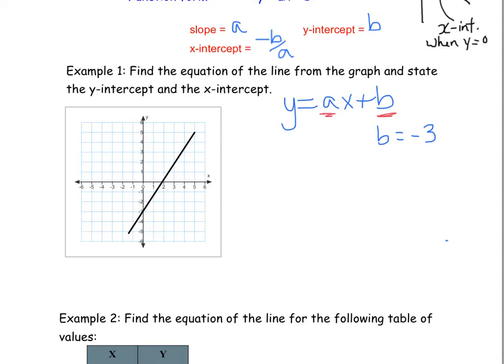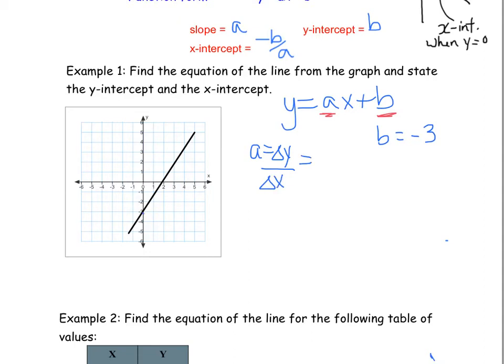We've seen 2 different ways to find the slope. We can use y2 minus y1 over x2 minus x1, or we can count rise over run. When we have a graph, it's a lot easier to just count rise over run. So I'm going to do change in y, that's my rise, over change in x, that's my run.